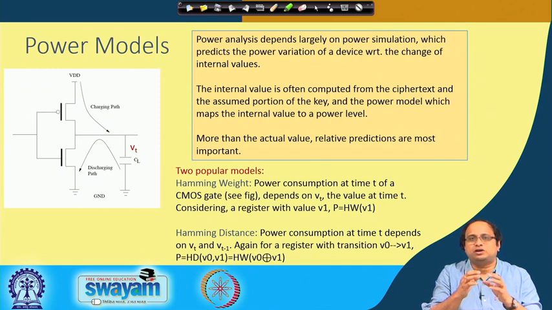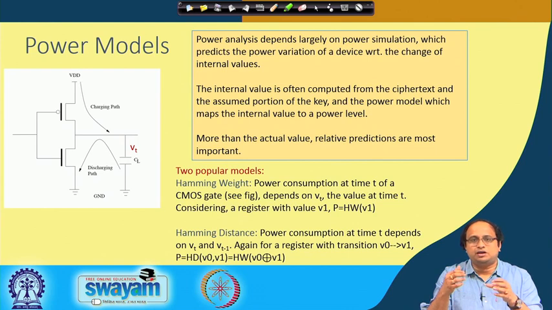In that context, if the power consumption were uniform, that means if the power consumption was roughly equal whether you are going from a 0 to 1 state or from a 1 to 0 state, then you probably couldn't have worked with a Hamming weight model.